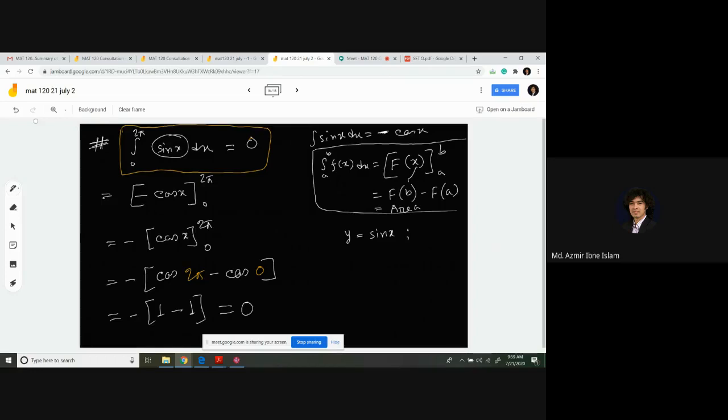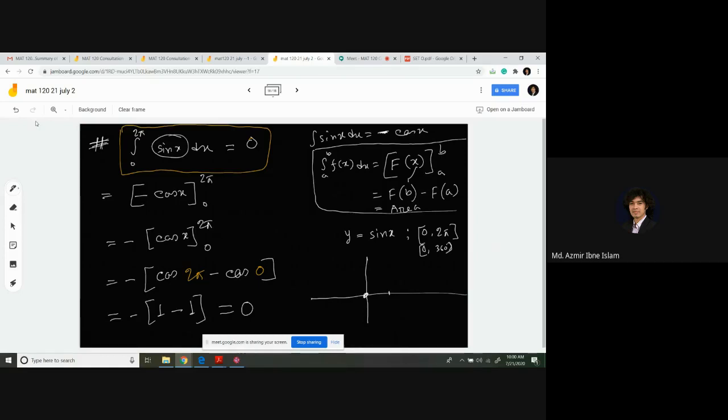We have to draw the function from 0 to 2 pi. Clear? Yes, sir. So let's draw the function from 0 to 2 pi. Suppose it is 0, then pi by 2. Pi by 2 means 0 to pi, 2 pi means 0 to 360 degrees. Can you figure out?